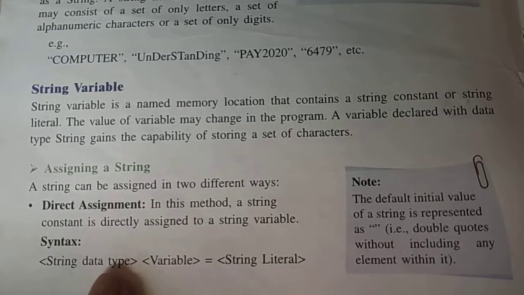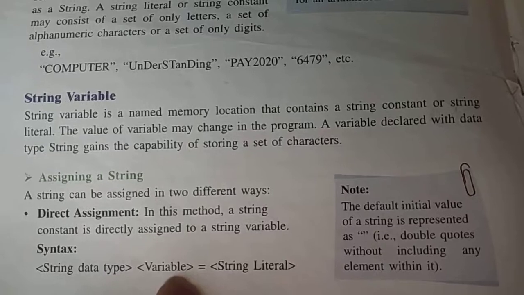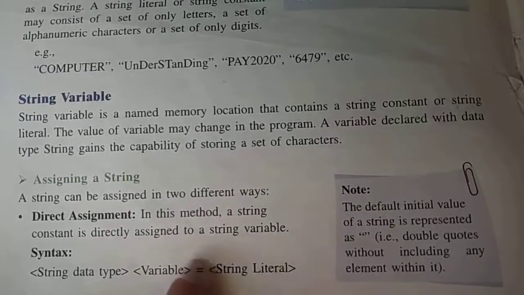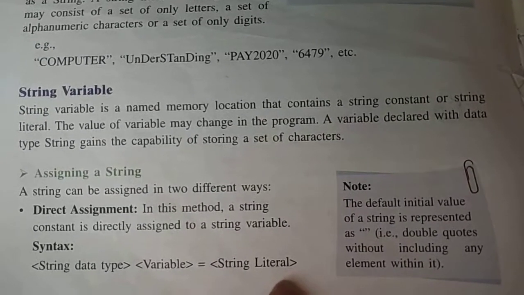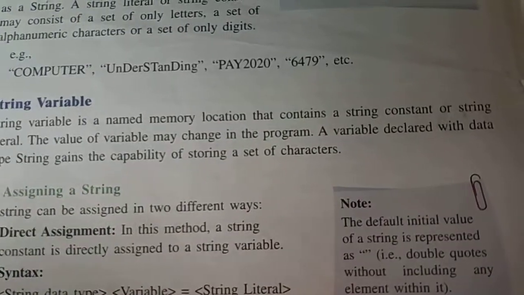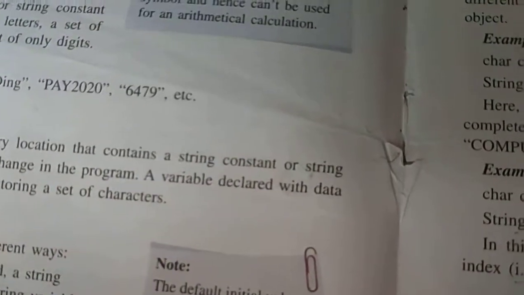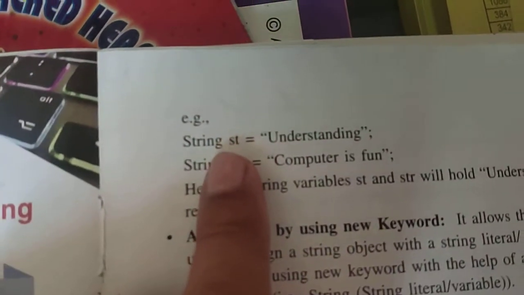String is the data type. Afterwards you will write the variable name, any variable name, then the string literal. String literal means value of string. So you can see one example. This is the syntax and this is the example.